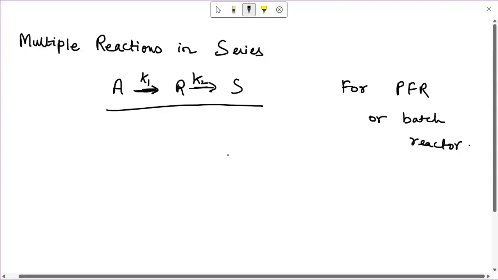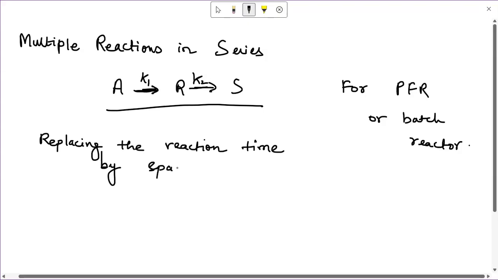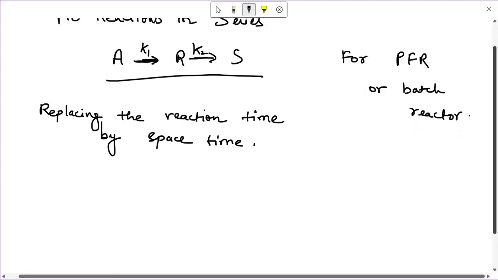Now in this case we are replacing the reaction time by space time. Okay, and we can get the following set of equations: Ca by Ca naught equals e to the power minus k1 tau, where tau is the space time.